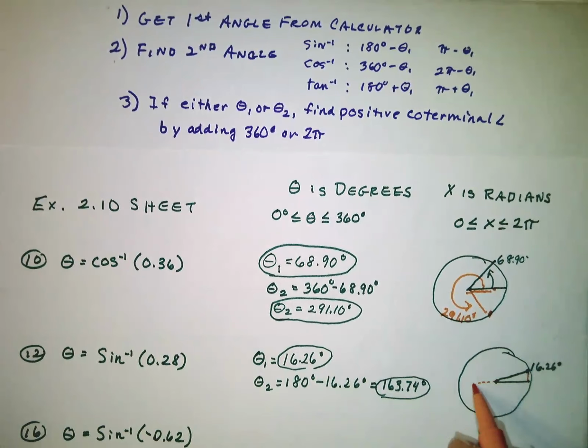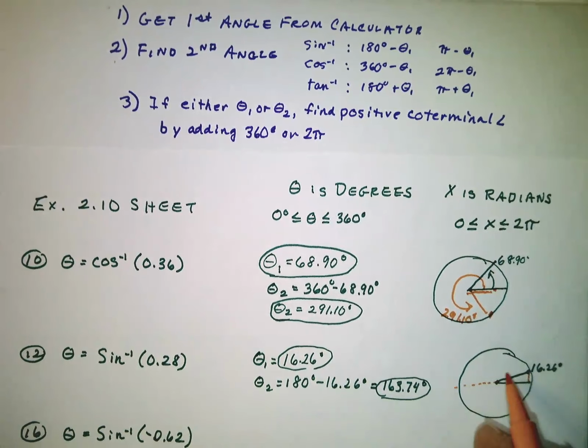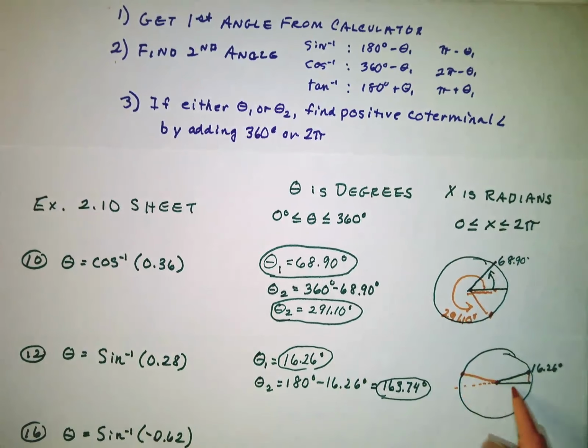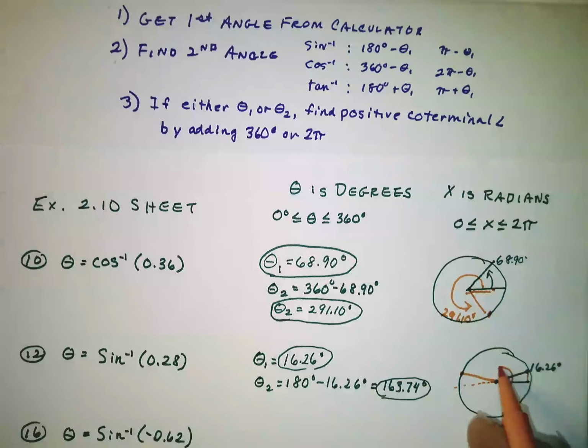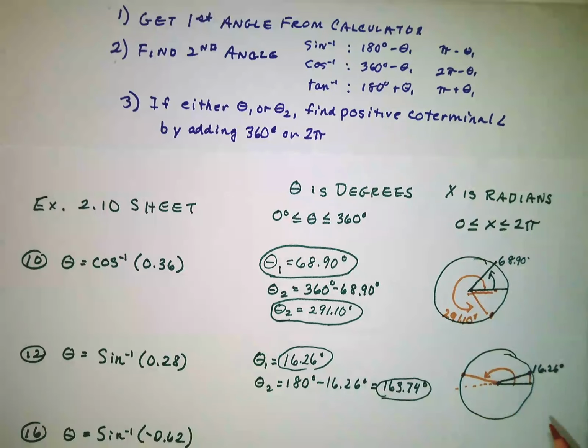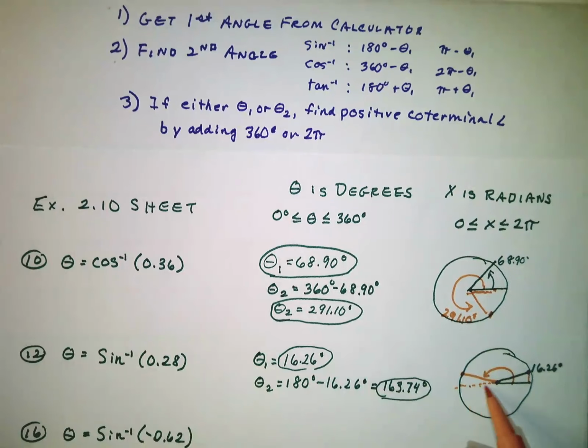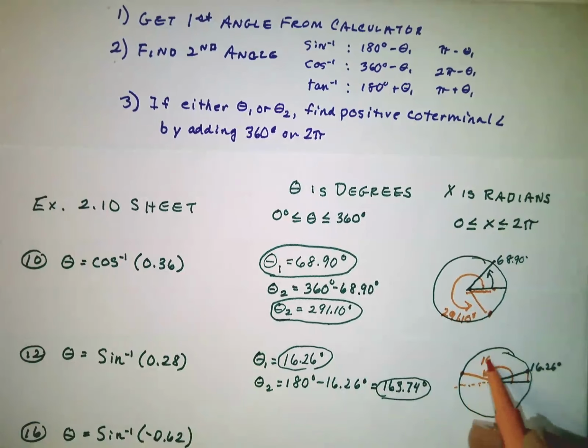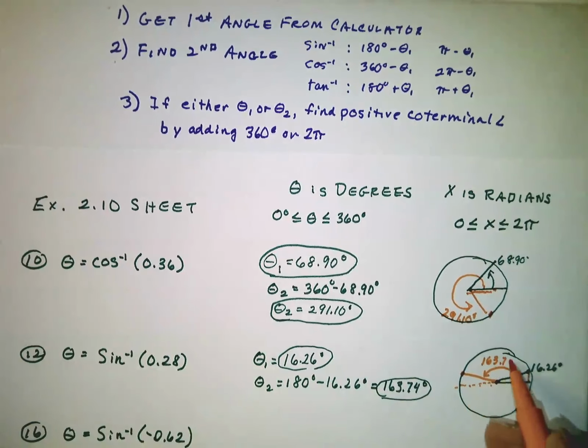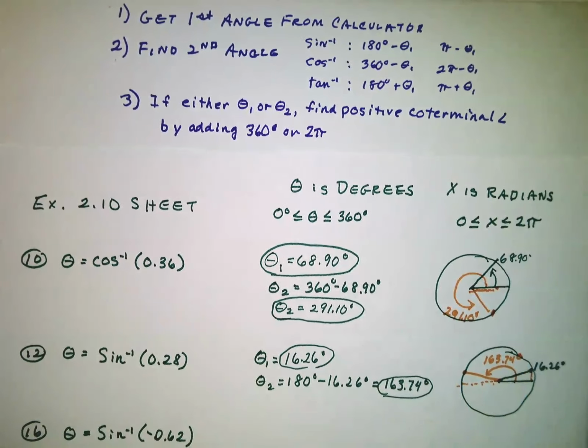Well, there is another one that is about that same height right over here. So we're going to go from here all the way around to there. And if we use reference angles, we would find that this is indeed a 163 and 74/100 degree angle.